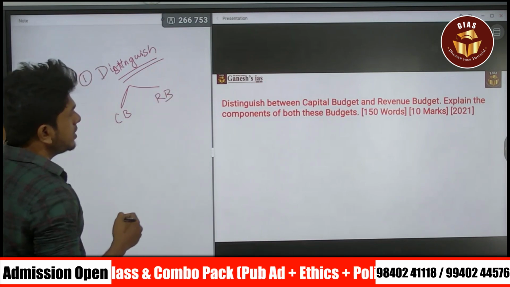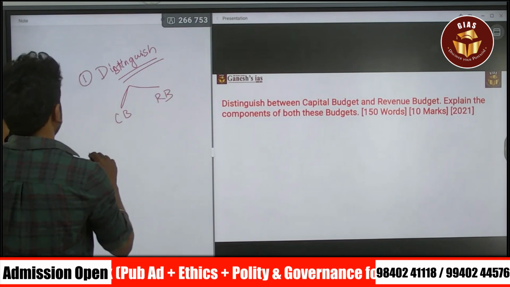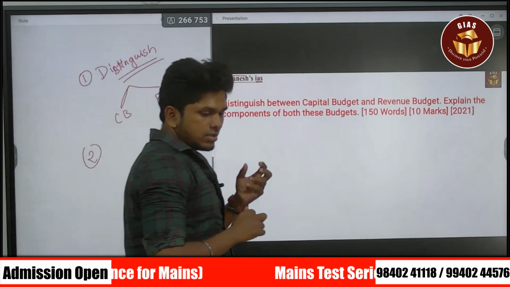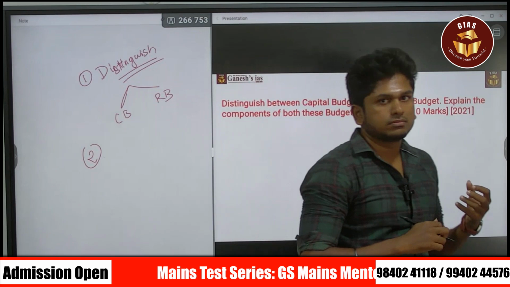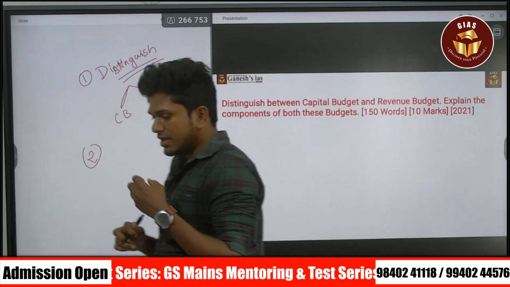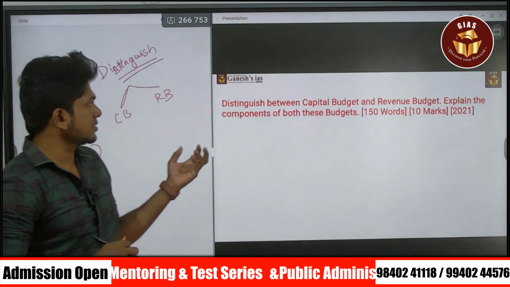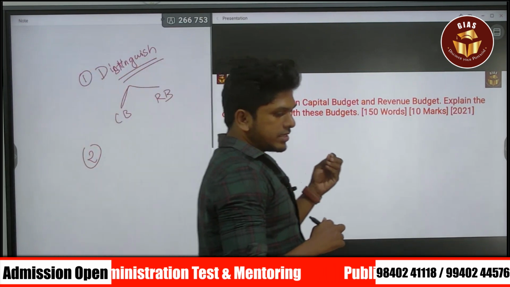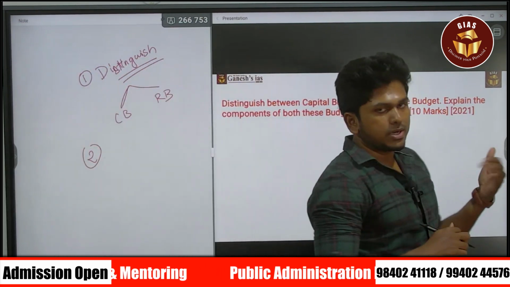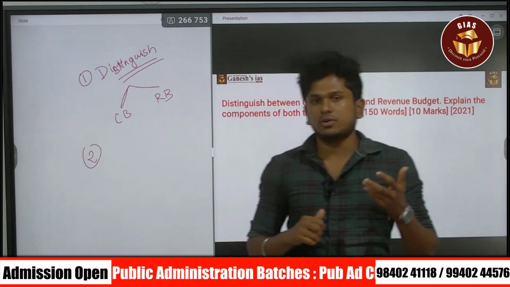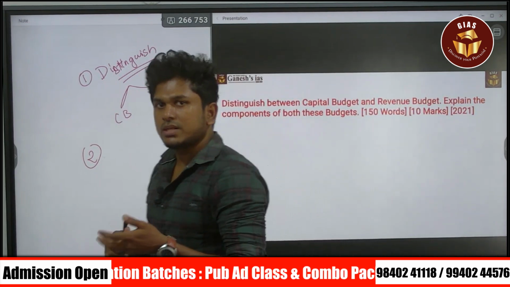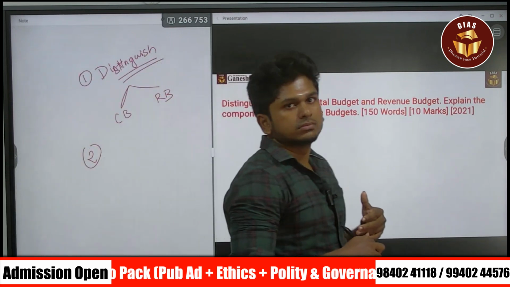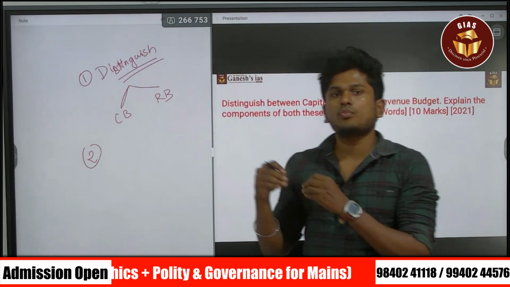Next, explain the components of both these budgets, so what are the things that will be in these budgets? For example, the capital budget has components like capital expenditure and capital receipt. The revenue budget has revenue expenditure and revenue receipt. Within that, what are the things that will be there? These are the things about the components.